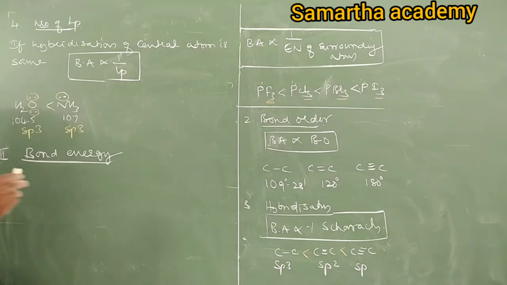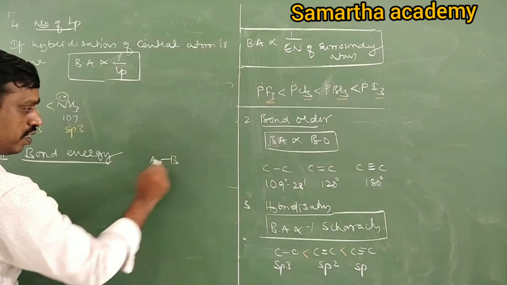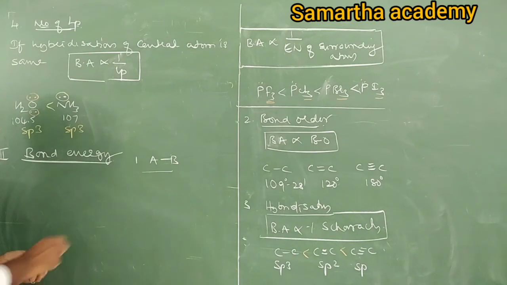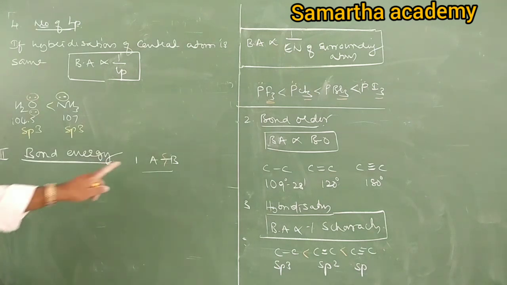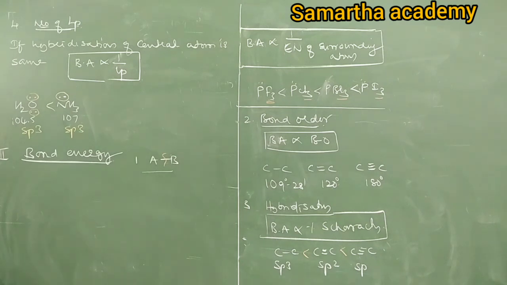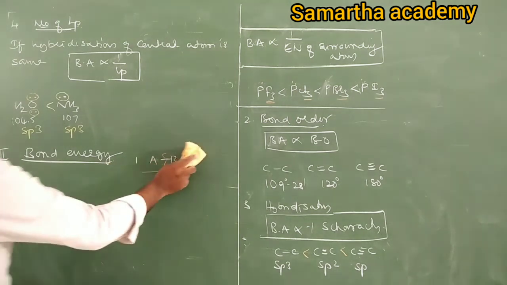Suppose we have a bond between A and B, in 1 mole of compound. The amount of energy required to break the bond in 1 mole of gaseous substance is called bond energy or bond dissociation energy. It should be 1 mole, and it should be gaseous.